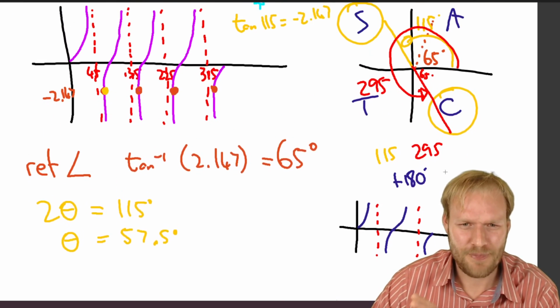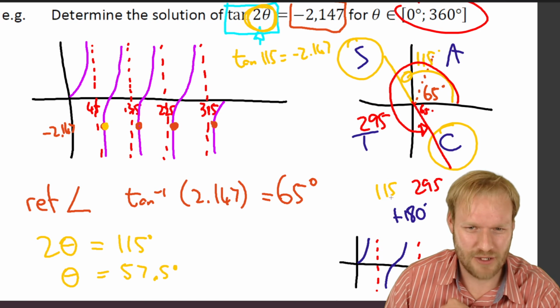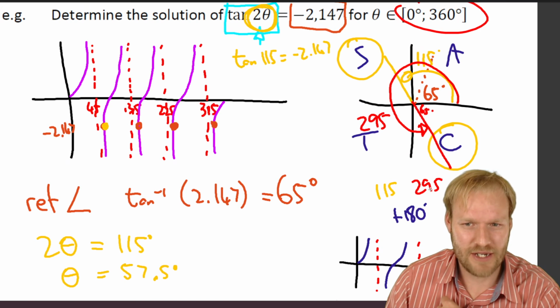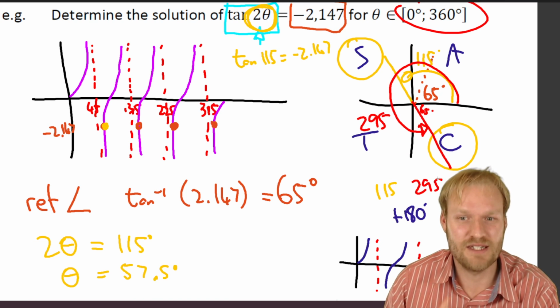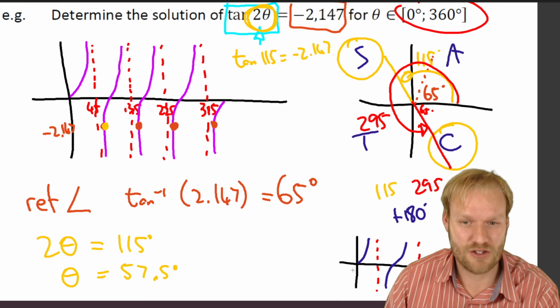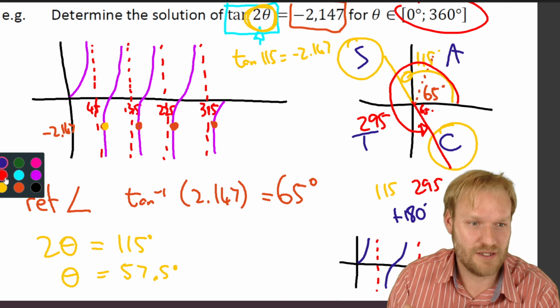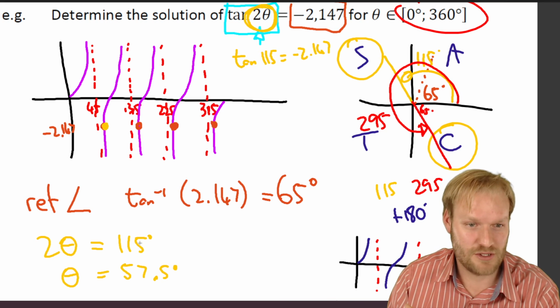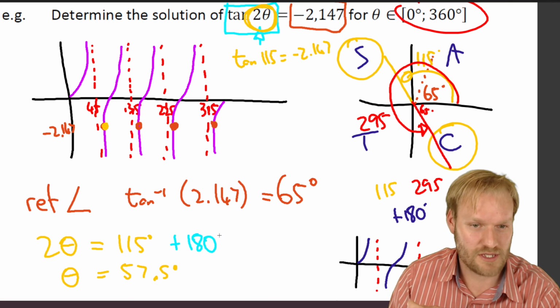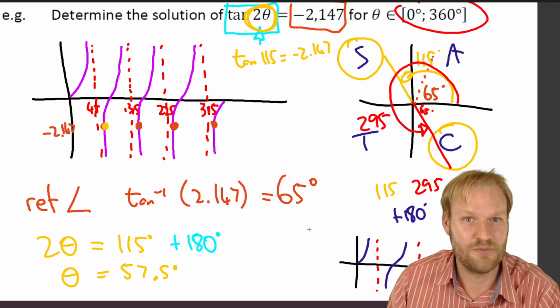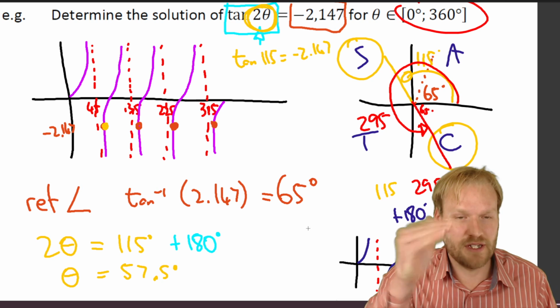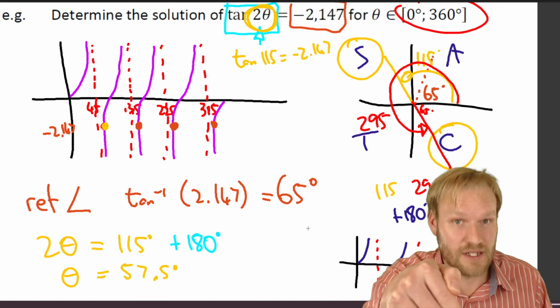So we've got our one solution of 115, and we know that our next solution must be 180 degrees later, because the graph repeats itself every 180 degrees, which means that if 2 theta was 115, surely our next solution was just 180 degrees away, or 360, or another 180.